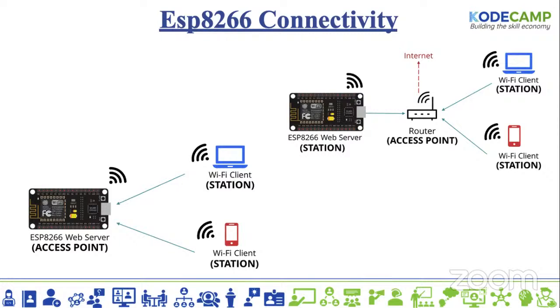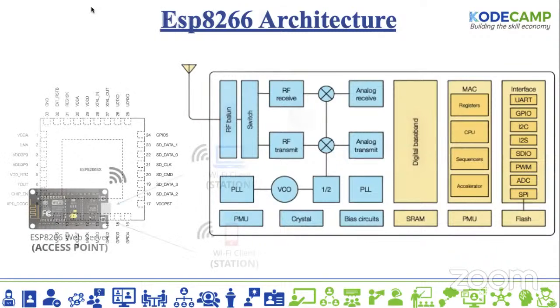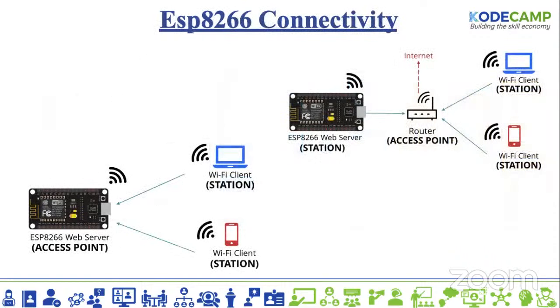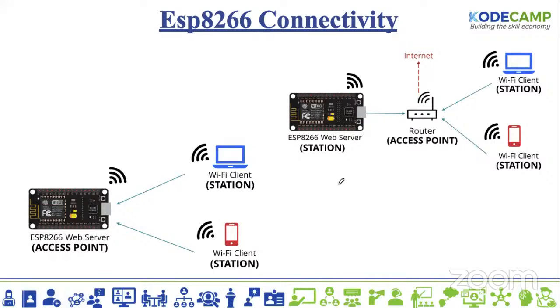For example, let's just say you are designing something for a smart city, and in the smart city you have different flats or assets. Let's say this is the first block, this is the first house.